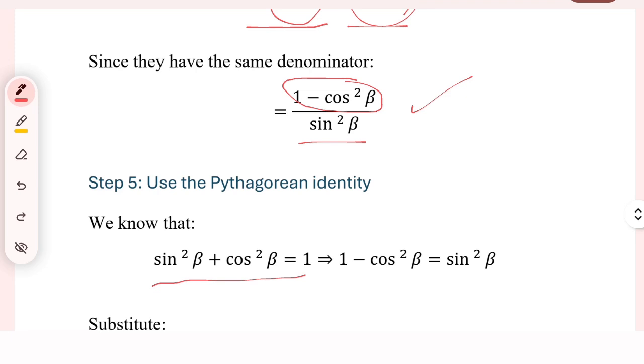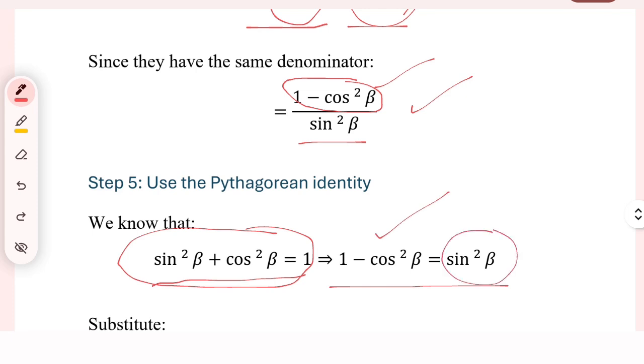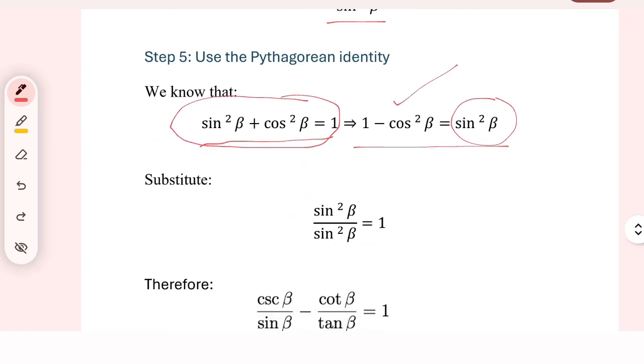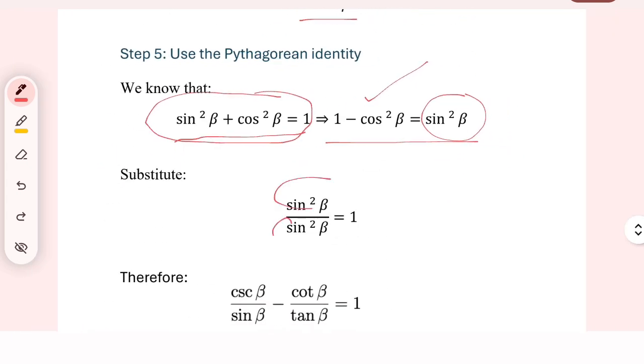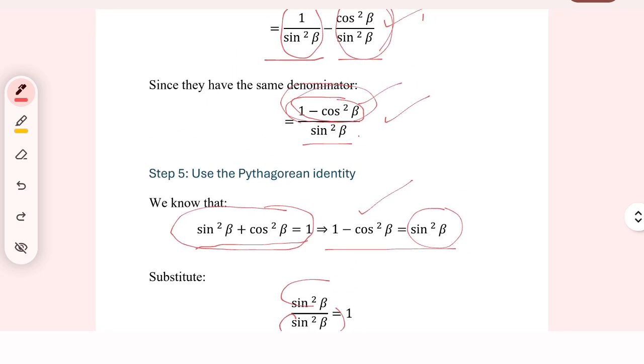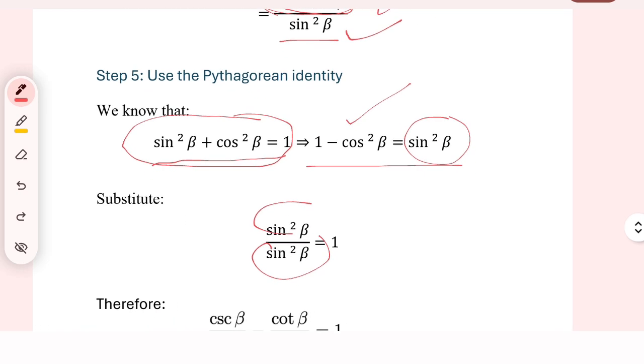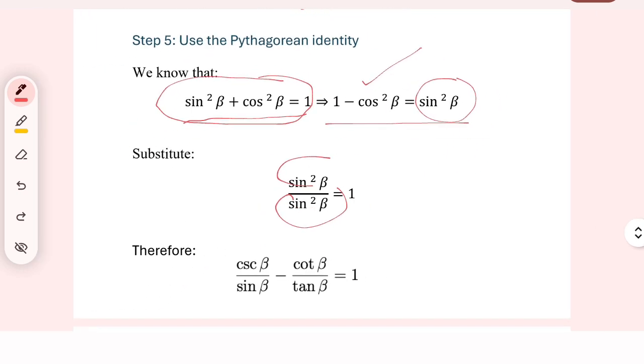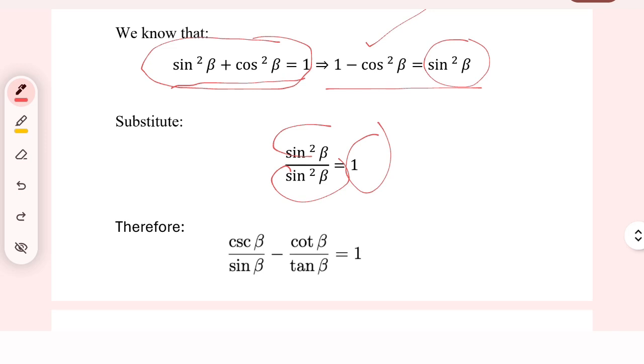We can replace 1 minus cosine square beta with sine square beta. So it would be sine square beta divided by sine square beta, because the denominator is also sine square beta, which is equal to 1.